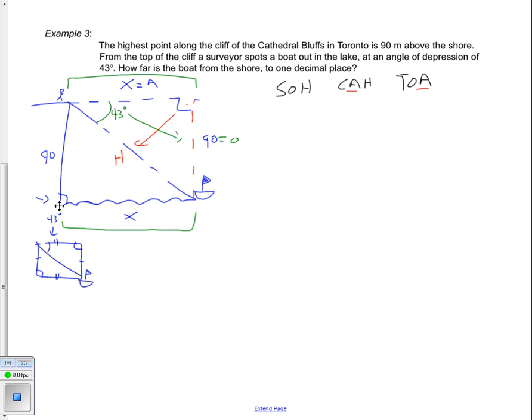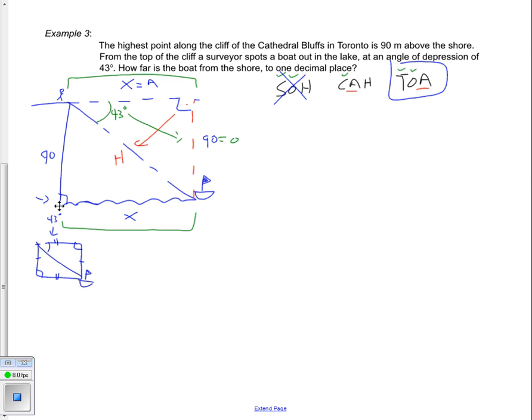With the information that we have, we know what the angle is, and we also know the value of the opposite side length. Based on this information, the ratio that we need to use is our tangent ratio. We don't have enough information to use the sine ratio, because it doesn't give us the value of the adjacent, and there's not enough information to use the cosine ratio.